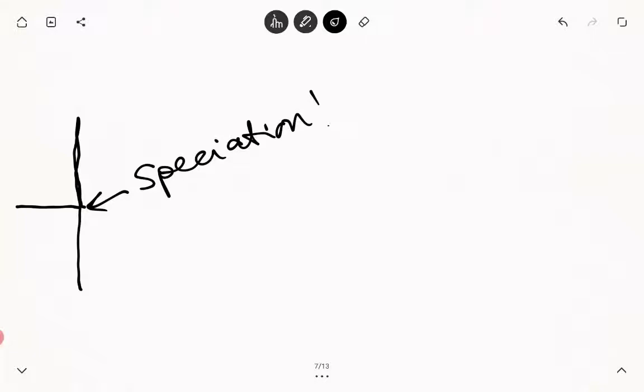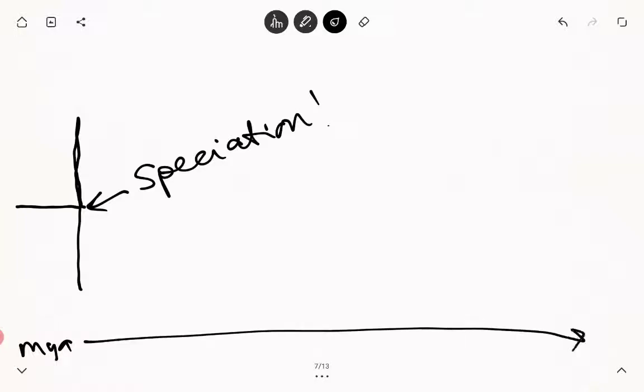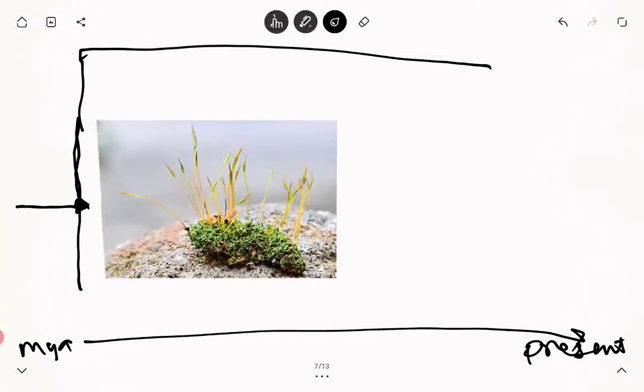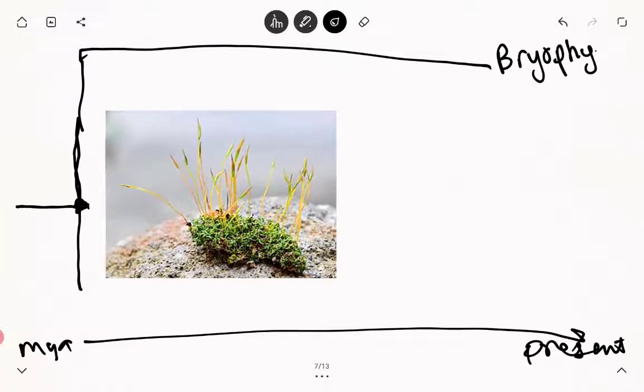Remember, time goes from here, from millions of years ago to present. Something happened that caused these plants to split apart. Some sort of speciation event. One lineage of plants kept going. They kept doing what they do now, and those are going to be the mosses, what we call the bryophytes.